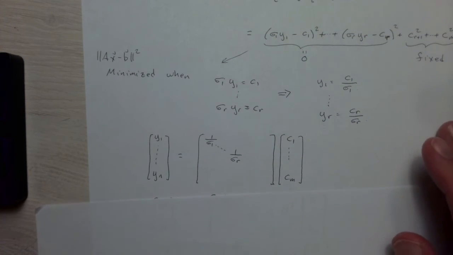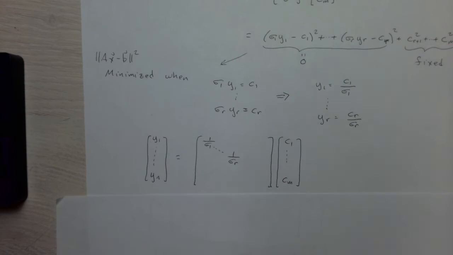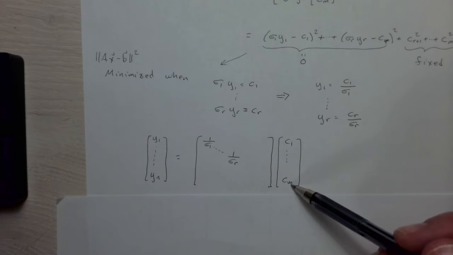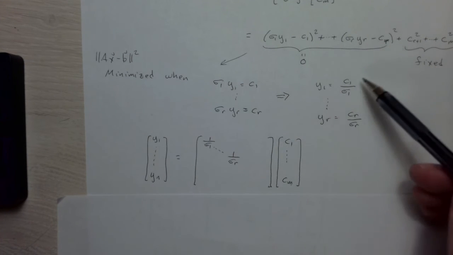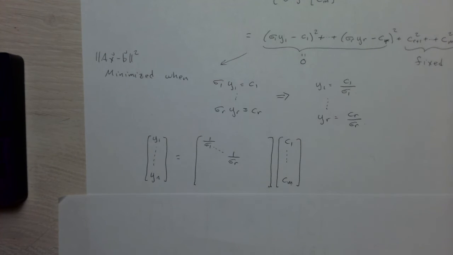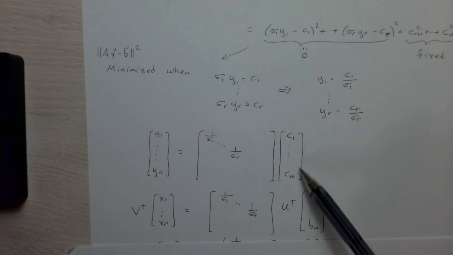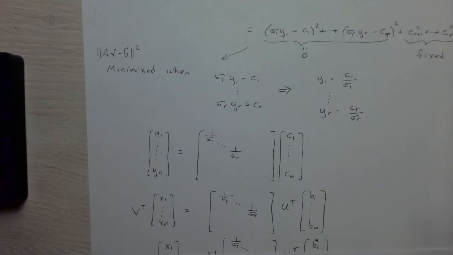So what this tells us is that we can write this column vector y as this matrix with 1 over sigma 1 through 1 over sigma r, times c1 through cm. This basically corresponds to this system of equations right here. But remember that y is just V transpose times x, and c is U transpose times b.